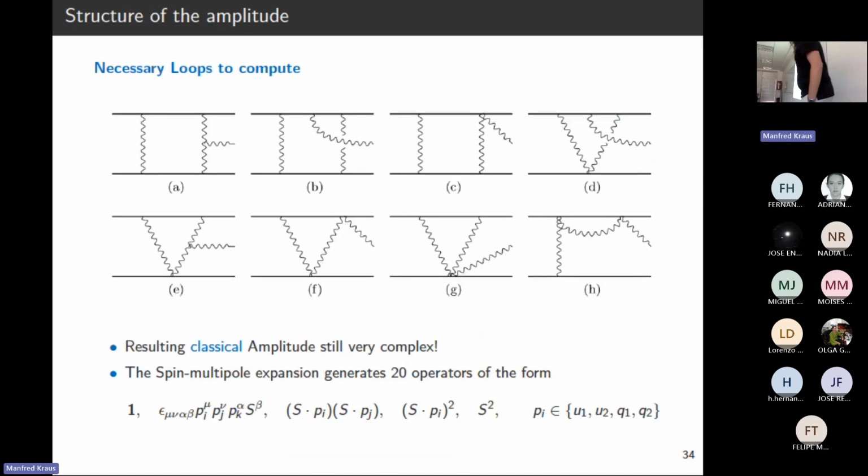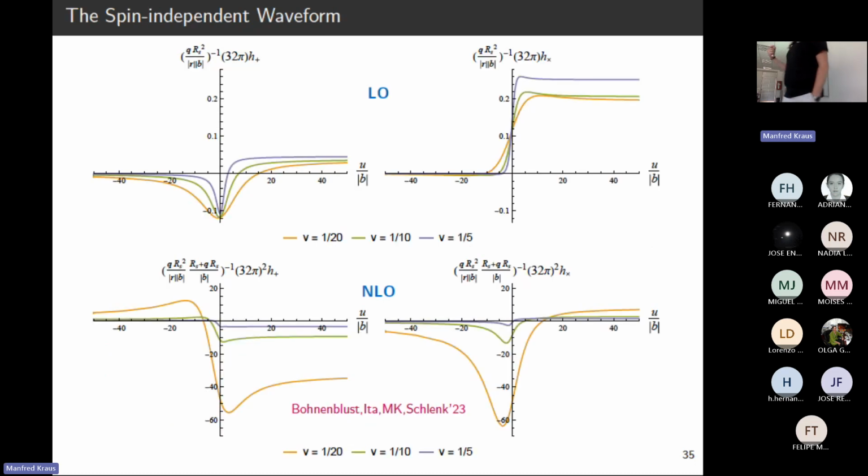So you just compute these diagrams, you take h bar to 0, and you decompose as before the polarization vectors in terms of spin, and then you can Fourier transform this matrix element. Now for the spin-independent part, you will see here the plus and the cross polarization mentioned in the beginning, and they look very different.